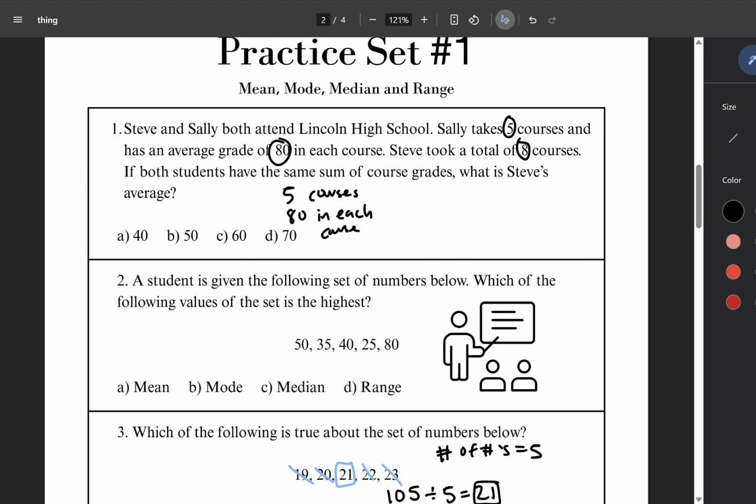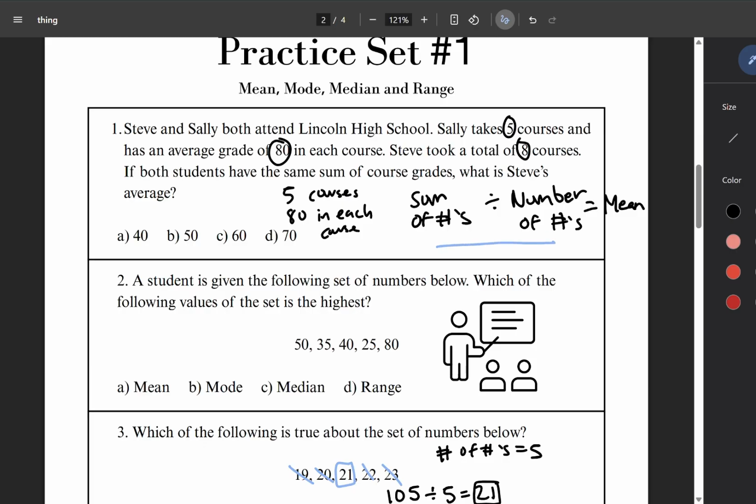So remember, when we find the mean, we're finding the sum of the numbers, divide that by the number of numbers, and we get the mean. Correct? Cool. So what this problem is having us do is work backwards.